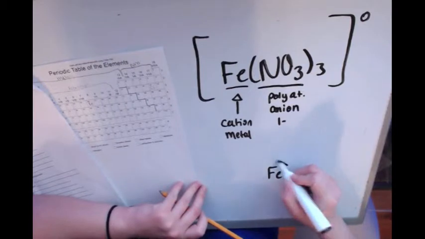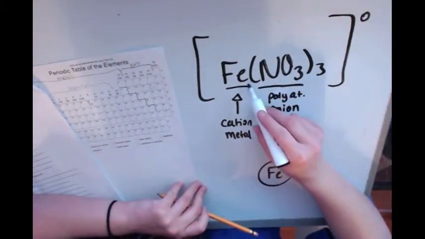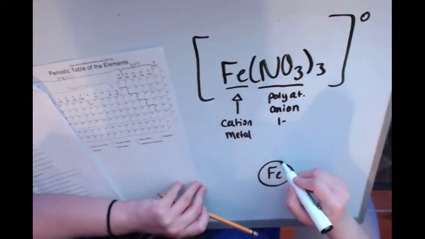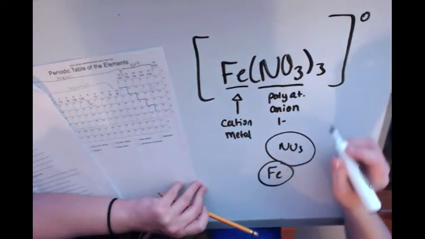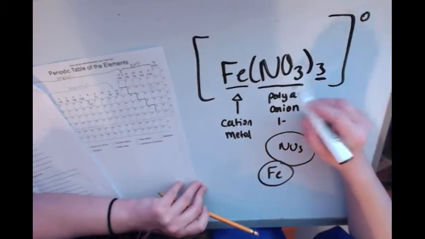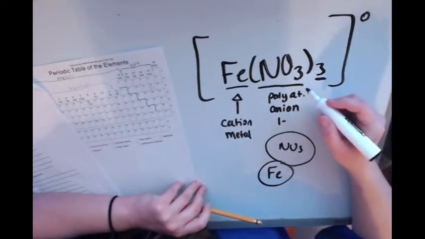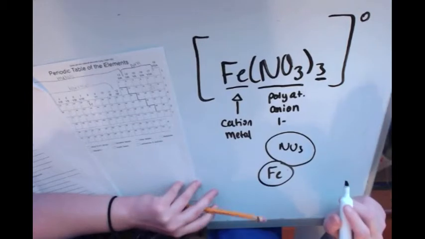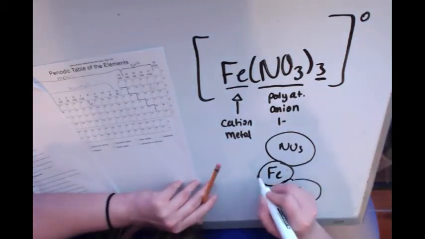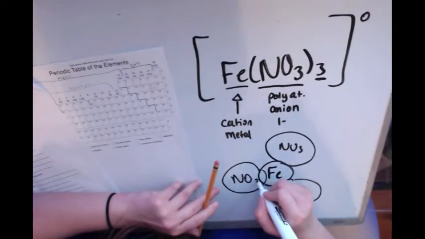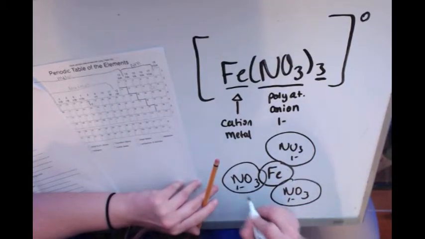If we were to draw this out, we would have 1 iron, because there's an invisible 1 subscript there. We don't have to write the 1s. There's NO3, and this subscript right here, outside of the parentheses, tells me that there are 3 nitrates. So if we were to draw it, it would look like this. This is 1 minus, this is 1 minus, and this is 1 minus.